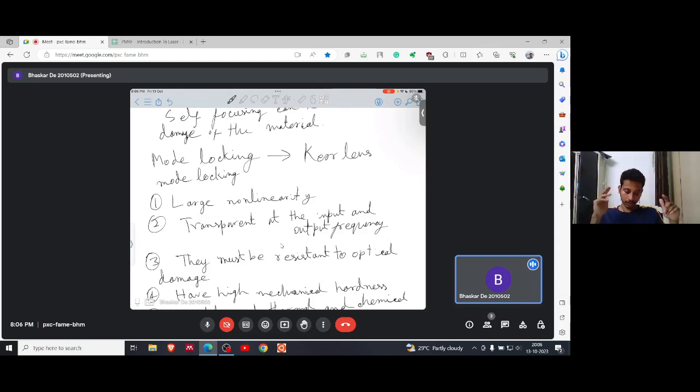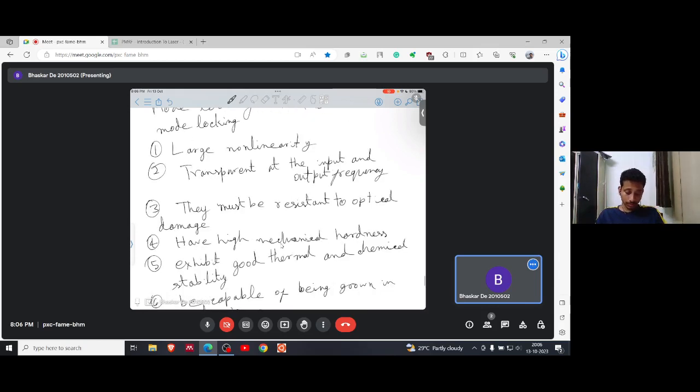In order to have that 532 nanometer, the crystal should be transparent at both frequencies, that is at 1064 nanometer and 532 nanometer. The same is true for other nonlinear processes like third harmonic generation. If you are using a 600 nanometer laser, then it will produce 200 nanometer. So the crystal should be transparent at 600 nanometer and 200 nanometer.